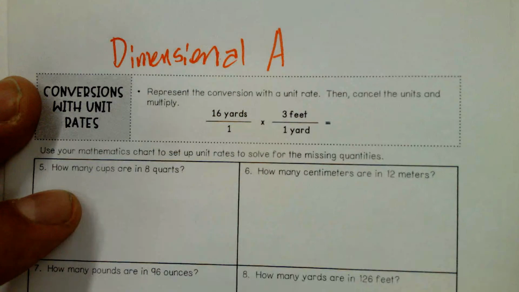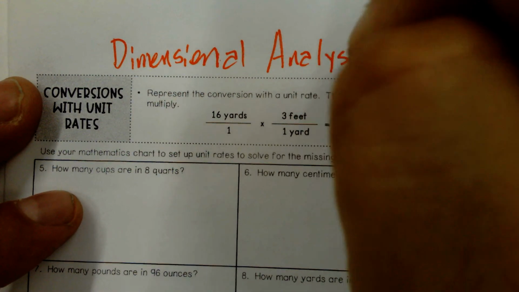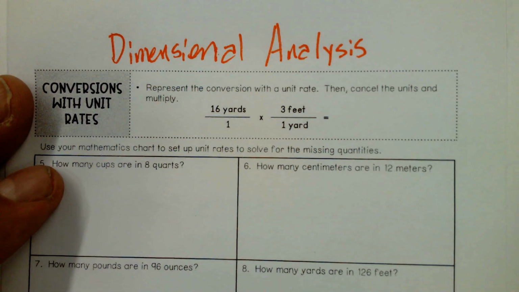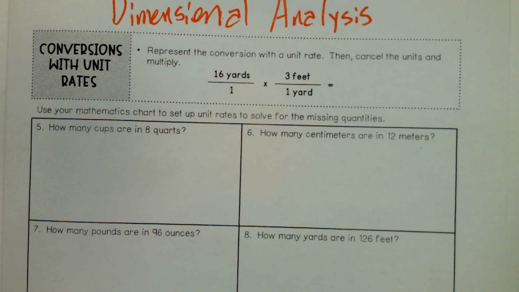So would you please write down dimensional analysis? And this is a better method, especially if you have, for example, miles per hour. Sometimes you'll have to convert miles per hour to something like feet per second, so 2 dimensions have to be converted, the numerator dimension and the denominator dimension.